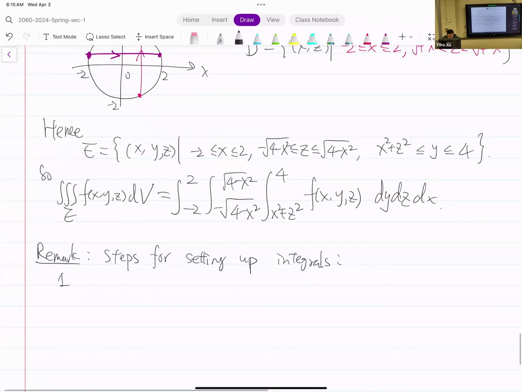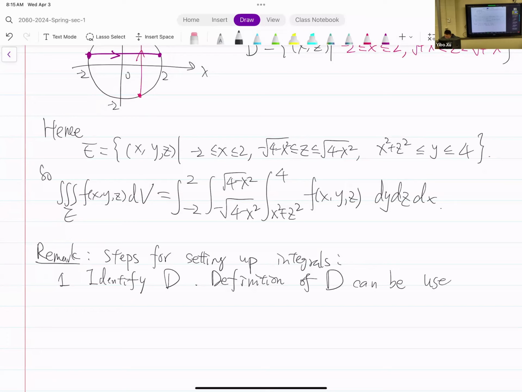The first step: identify the region D. The definition of D can be used to set up the most outer and middle integrals.